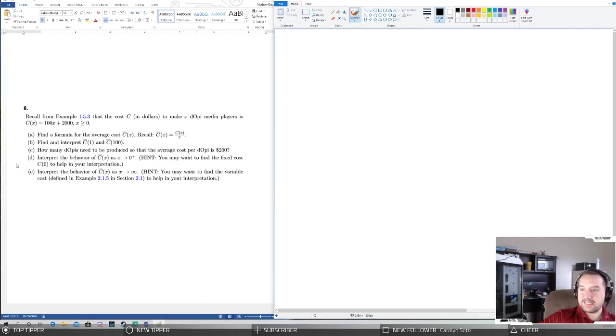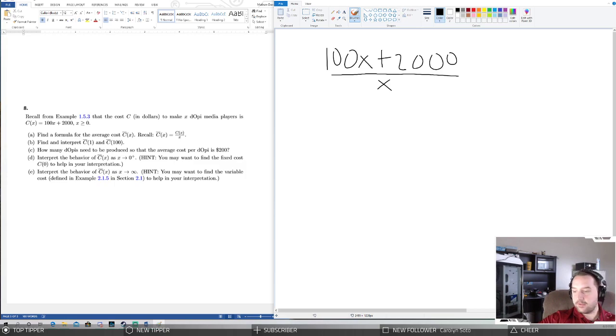And then part D, it says find and interpret the behavior as x approaches 0 from the positive. So if we were to look at the graph, right, and we can even pull this up in Desmos.